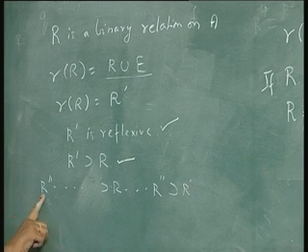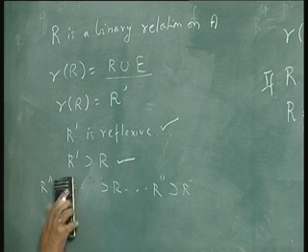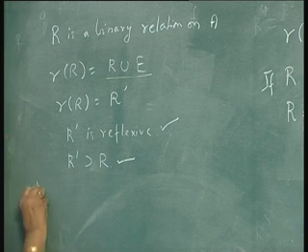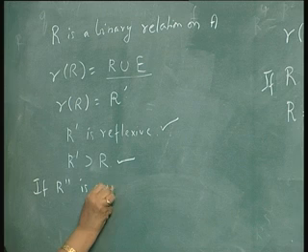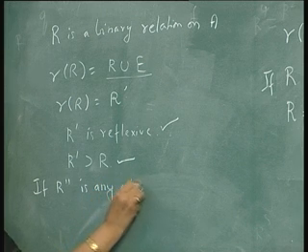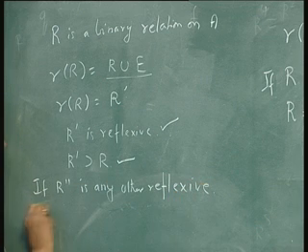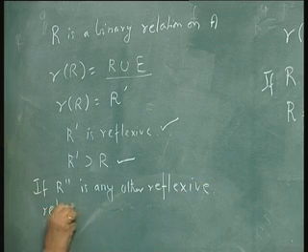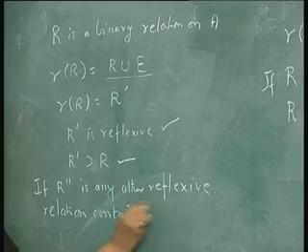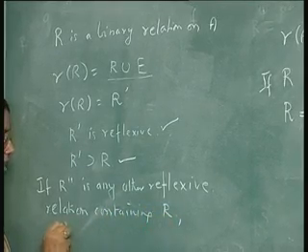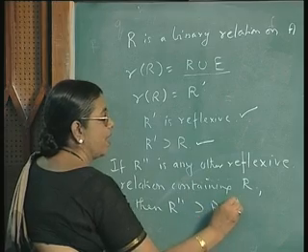If R2 dash is any other reflexive relation containing R, then R2 dash should contain this R union E.